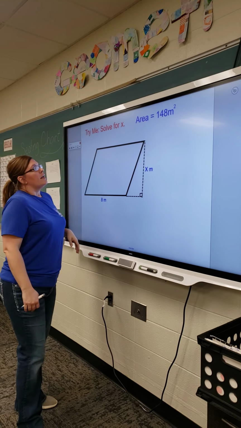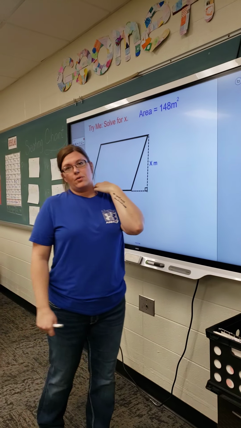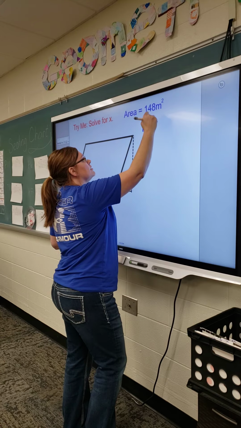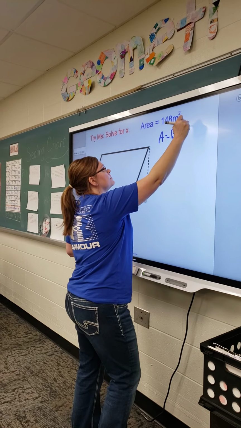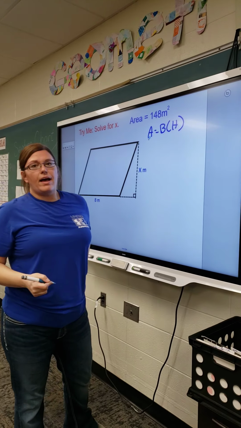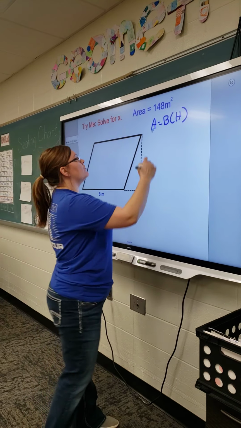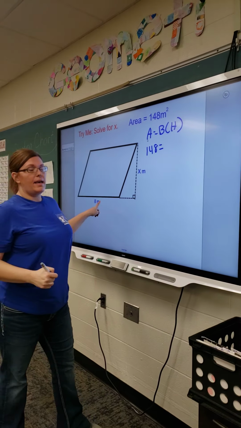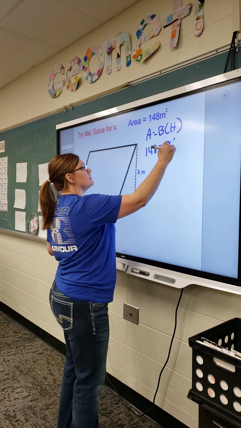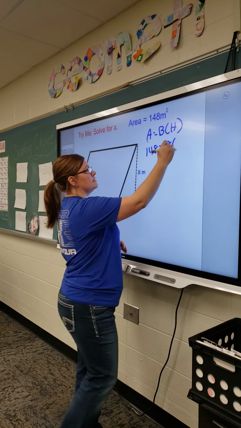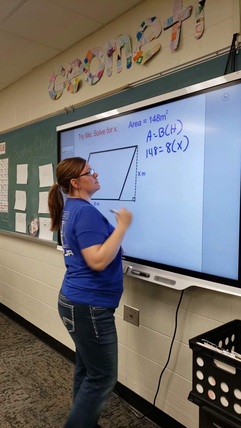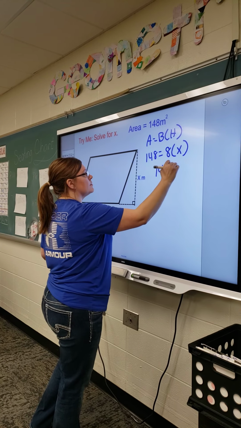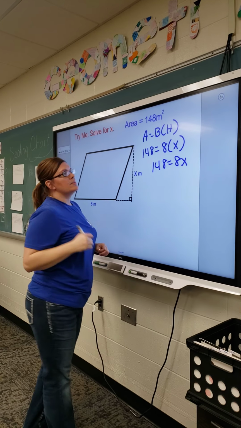All right. Now we have a parallelogram. So our formula is just base times height. What do I have? I have the area. What is it? It's 148. Base is 8. Height is x. 148 equals 8x.